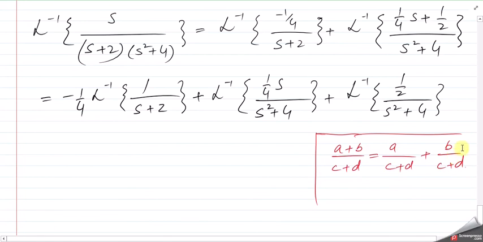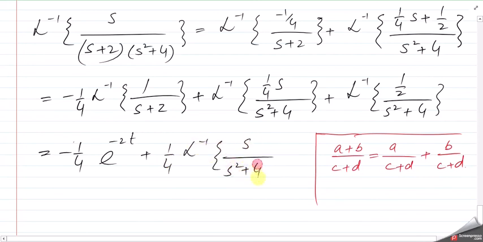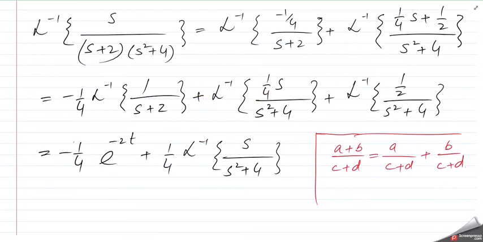That's very possible. Right. So this one, first one is minus 1 by 4 e power minus 2t, using the same formula which we used in the last question, plus 1 by 4 Laplace inverse of s over s squared plus 4. Note that this s cannot go outside because s is a variable. Okay, only 1 by 4 can go outside.